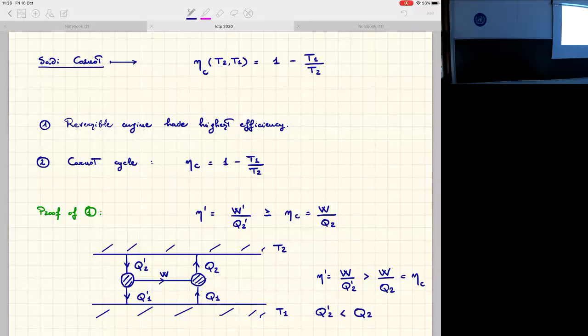Since you're doing the same work, and one is more efficient, then you're paying less for the one that is more efficient. Which one is the hotter? Hotter is 2.